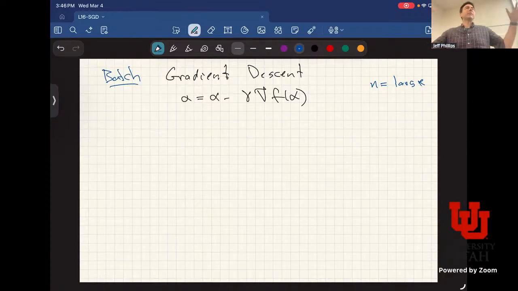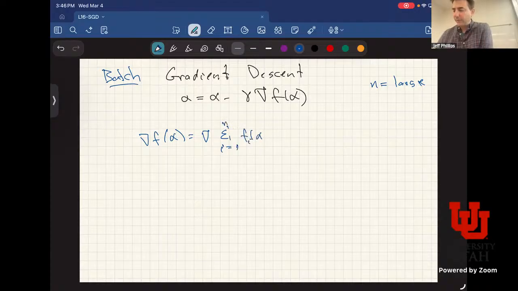Batch sometimes refers to a subset of all the data points, but still more than one thing at a time. We're going to have the gradient of f of alpha equals the gradient of the sum from 1 to n of f_i of alpha.